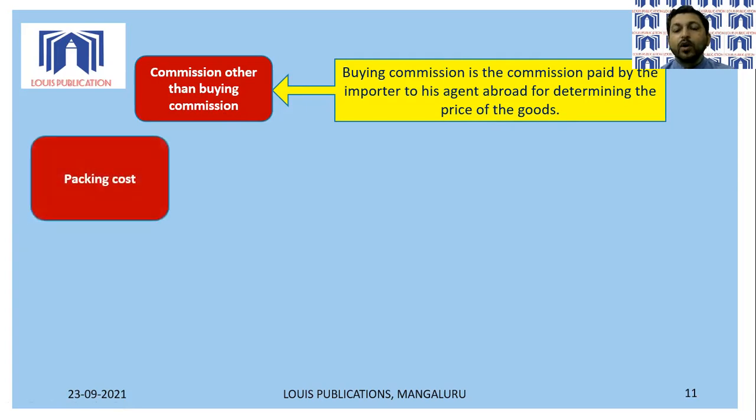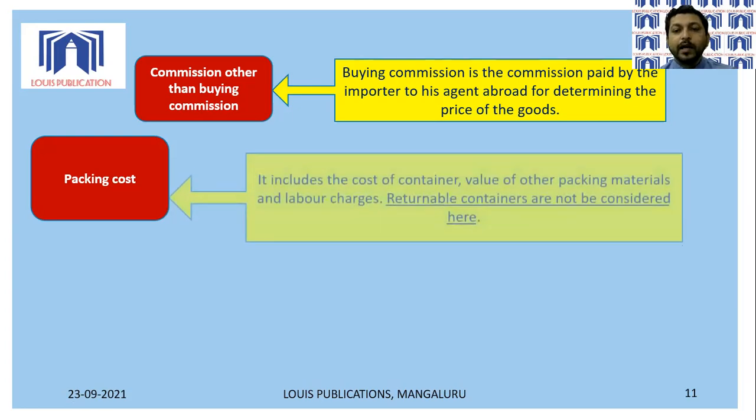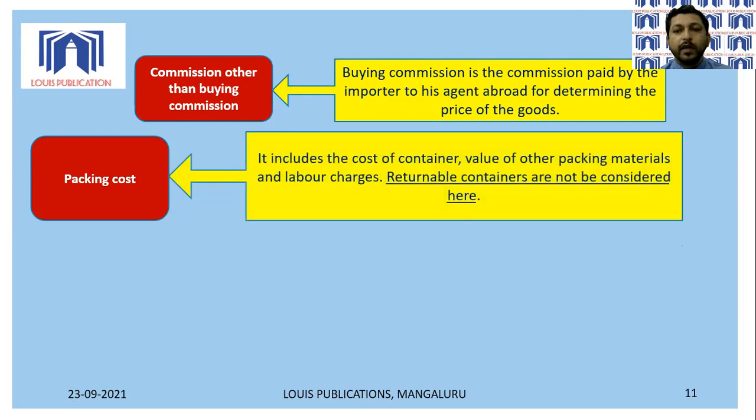Now, as far as packing cost is concerned, packing costs in a normal circumstance are all included in the computation of assessable value, but returnable containers are not to be included. If the cost of returnable containers is included in the value of the packaging cost, then those are to be excluded.